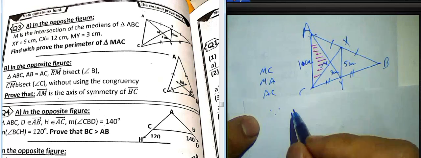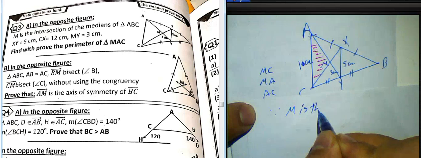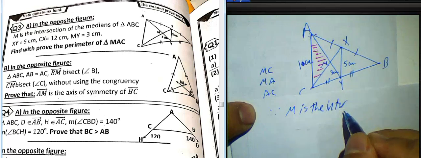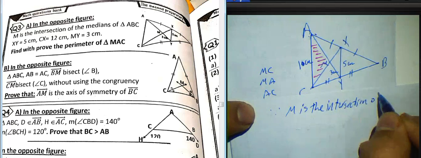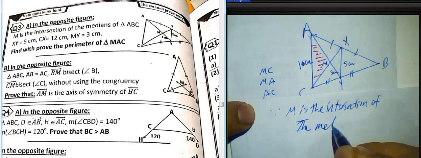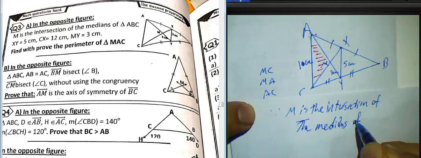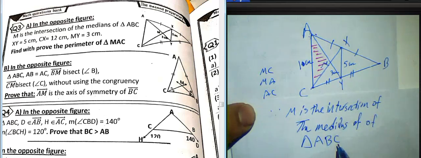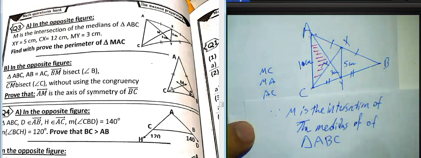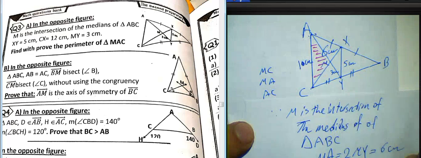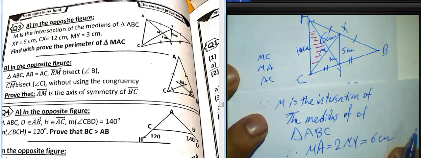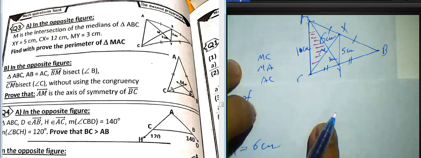And then M is the intersection of the medians of triangle ABC. Then MA is twice MY, which equals 6 centimeters. So this side is 6 centimeters.